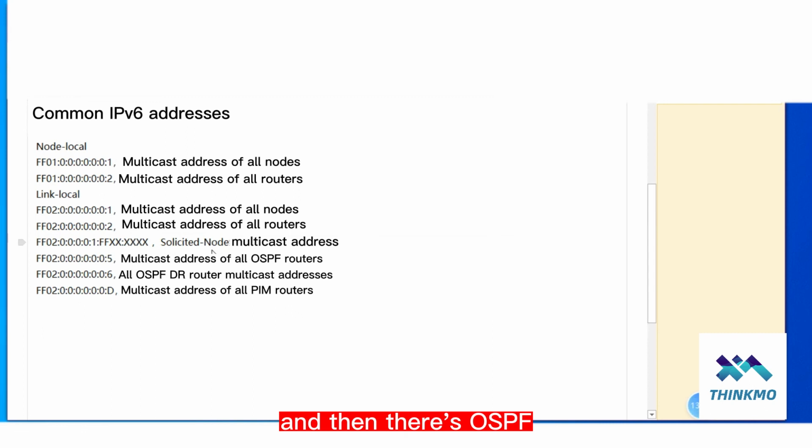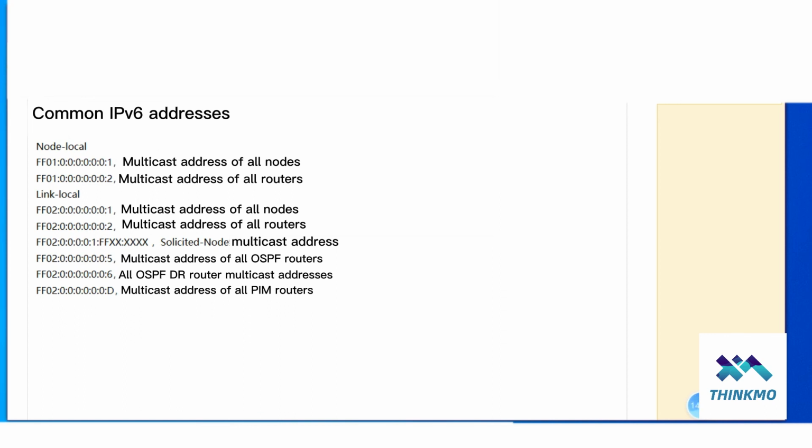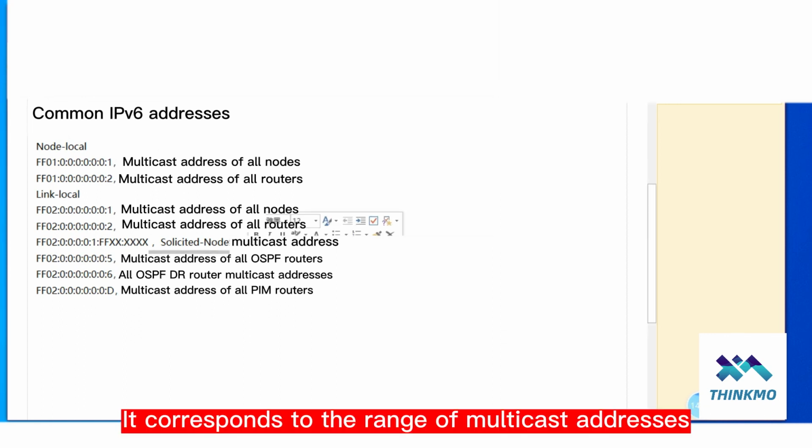And then there's OSPF. In IPv4, OSPF uses 224.0.0.5 and 224.0.0.6, which correspond to the range of multicast addresses.